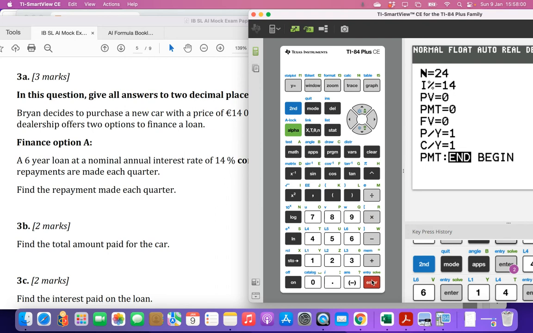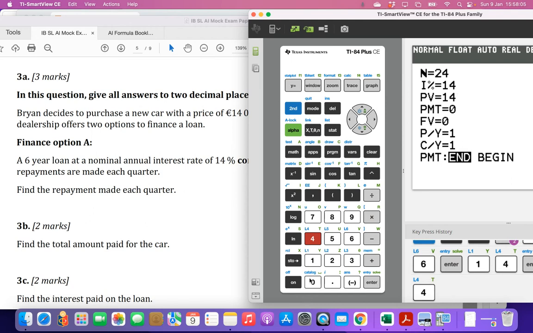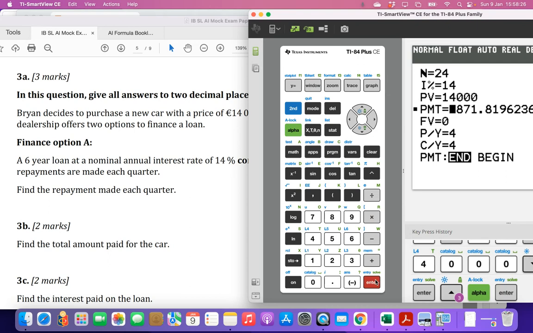And then we're going to be financing an amount of 14,000 and going to solve for payment later. Future value 0. We want to pay off the entire loan on a quarterly basis. So to solve for payment, we go to that box and we go alpha, green, solve.